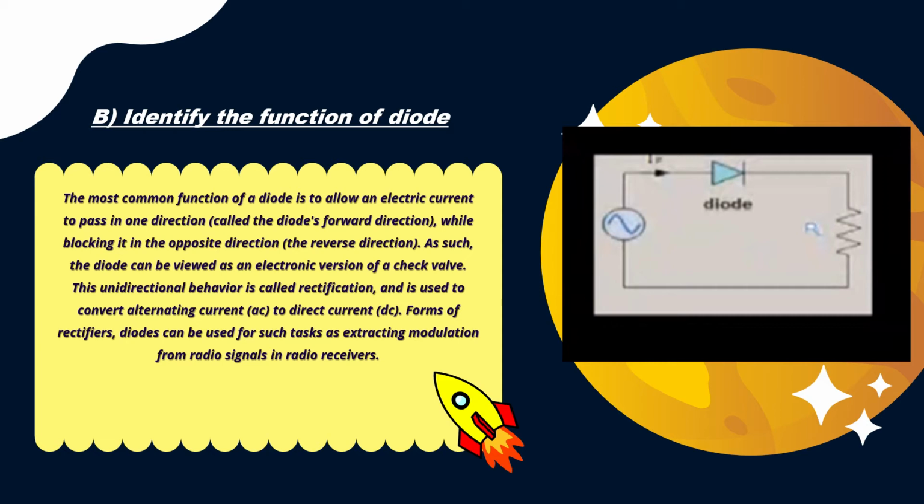This unidirectional behavior is called rectification and is used to convert alternating current AC to direct current DC. In the form of rectifiers, diodes can be used for tasks such as extracting modulation from radio signals in radio receivers.